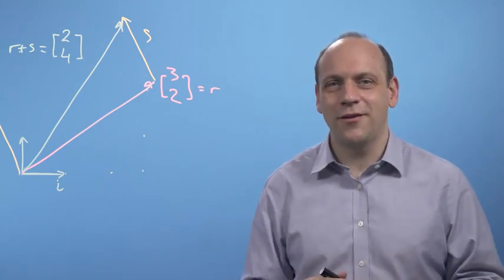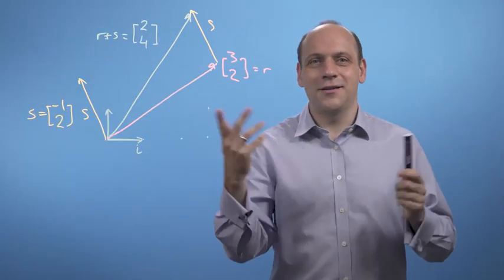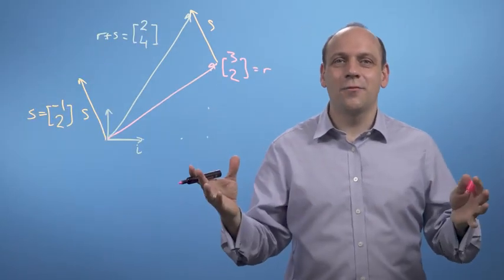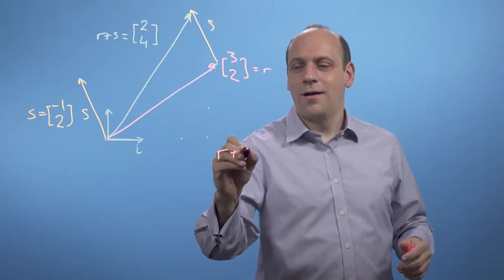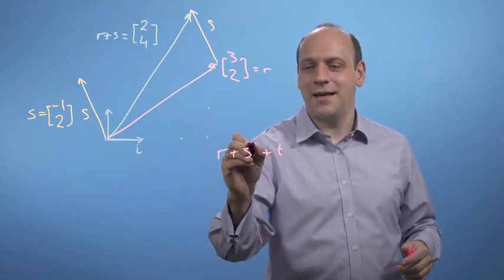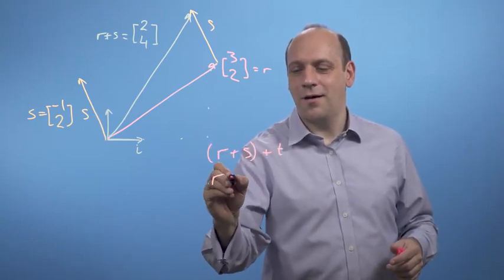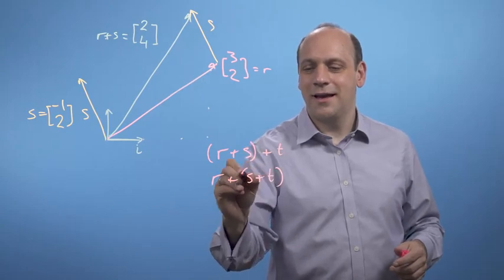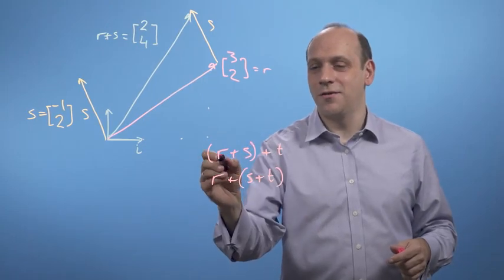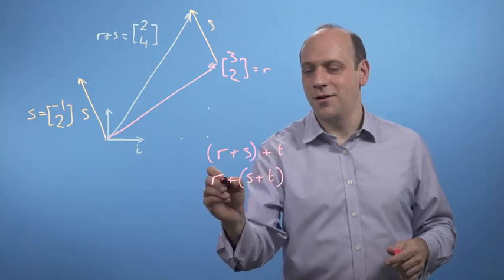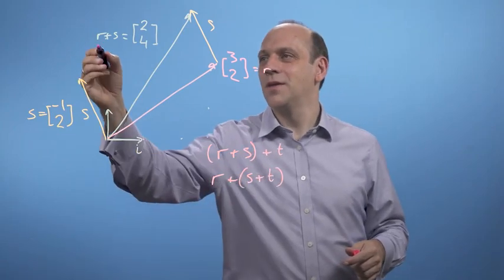Formally, what this means is that if we have 3 vectors, r, s, and another one, t, it doesn't matter whether we add r plus s and then add t, or whether we add r to s plus t. It doesn't matter where we put the bracket. We can do this addition and then that one, or that addition and then this one.